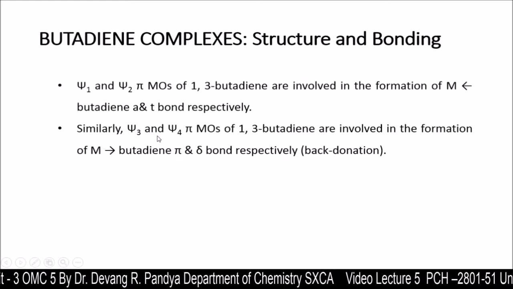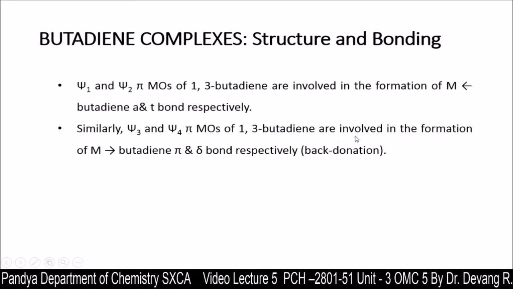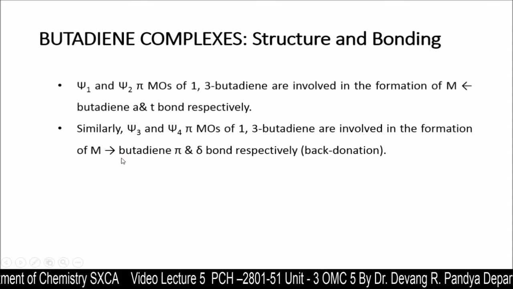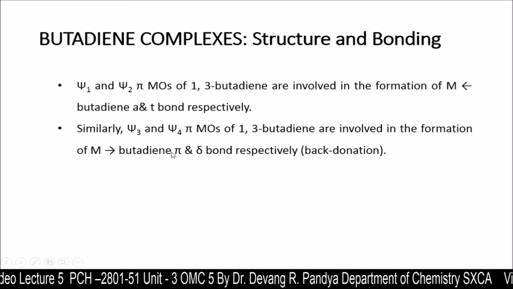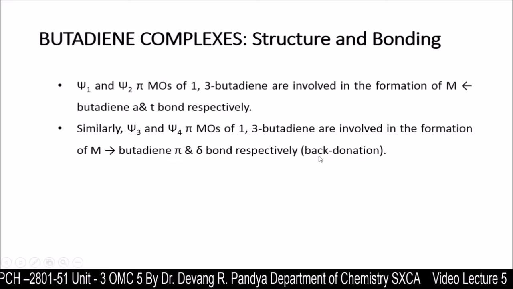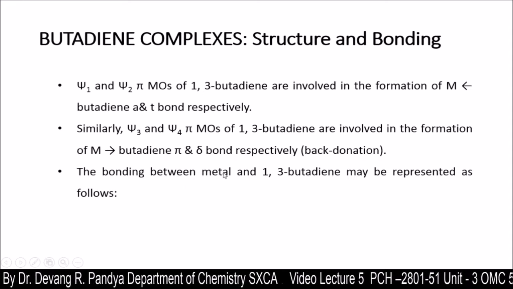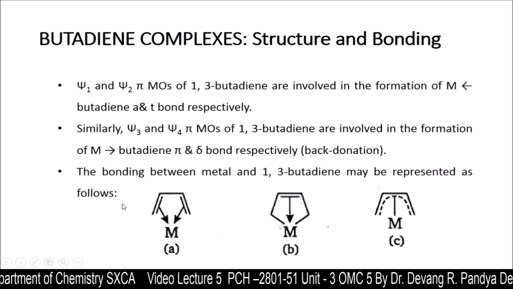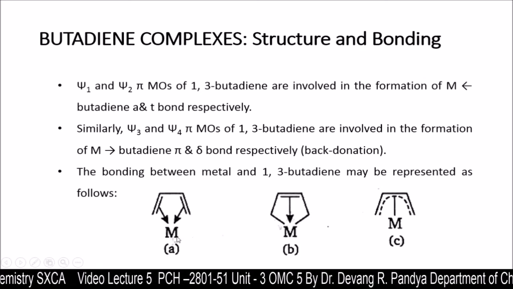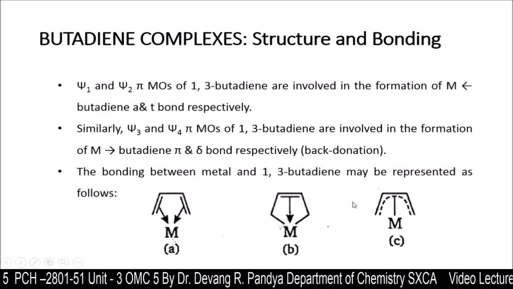Similarly, psi3 and psi4, the antibonding pi orbitals of 1,3-butadiene, are involved in metal-to-butadiene back donation, forming pi and delta bonds respectively. Now the bonding between metal and 1,3-butadiene may be represented using this figure. There are these three probable arrangements: these two arrangements, and this is the hybrid of these two.